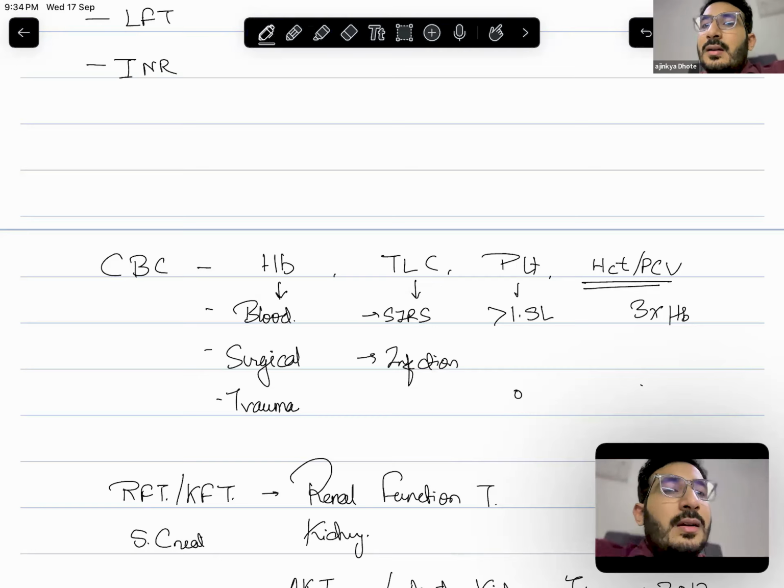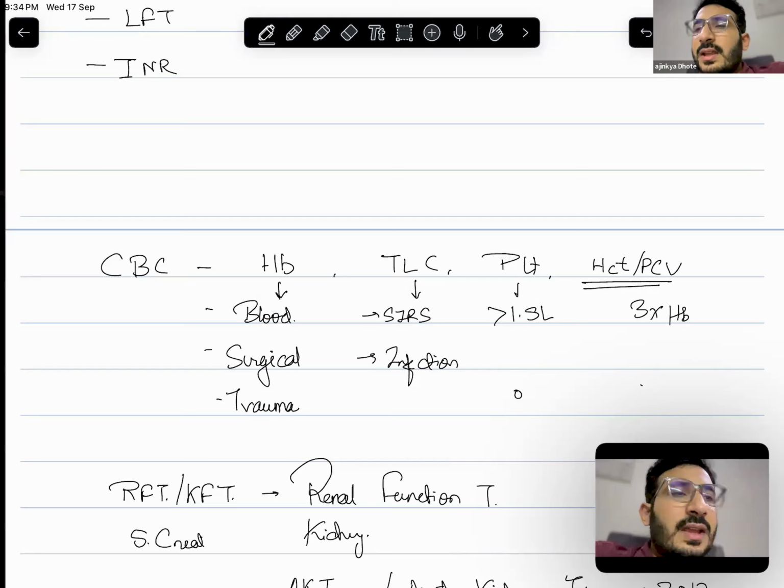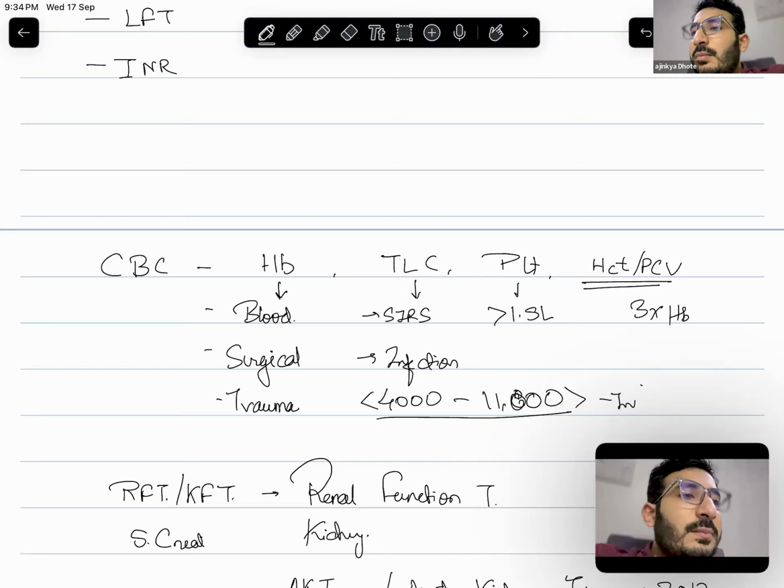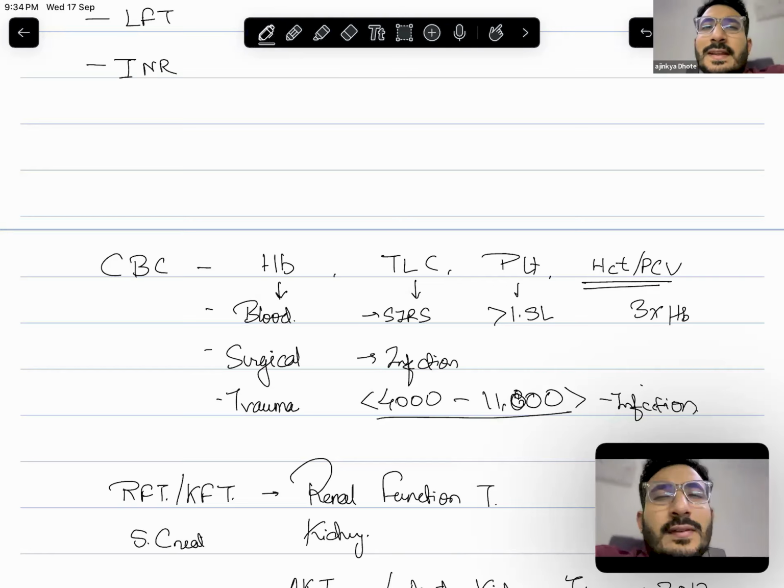Next is your TLC, that is your WBC count, usually raised with a history of sepsis or infection. The normal range is usually 4,000 to 11,000. Anything less than that or more than that suggests infection and probably sepsis. It is also seen in conditions of SIRS, known as systemic inflammatory response syndrome.